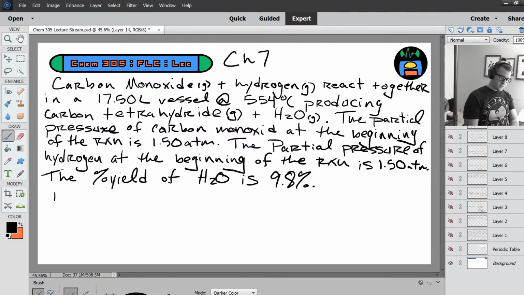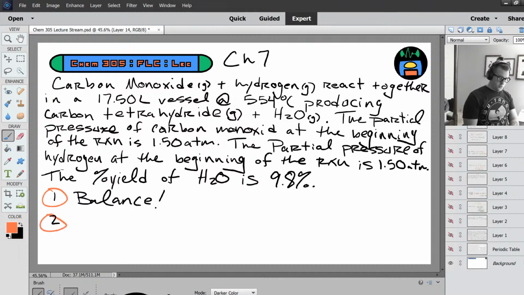Then we're asked three things. One, we're asked to find the stoichiometric coefficient of hydrogen gas. We're just asked to balance this chemical equation.